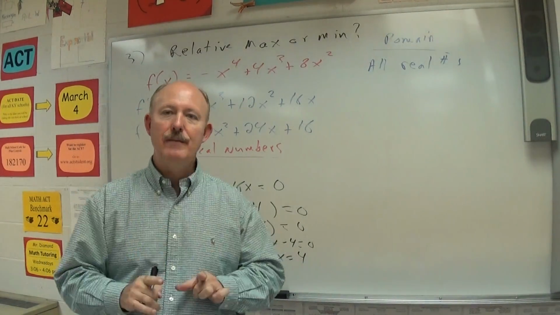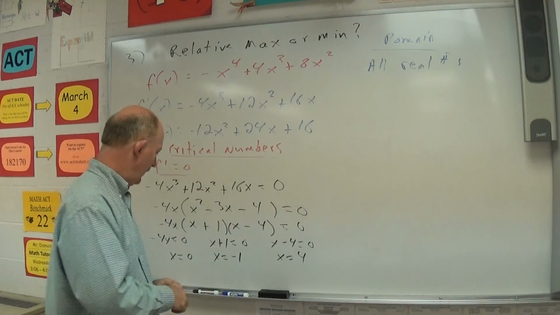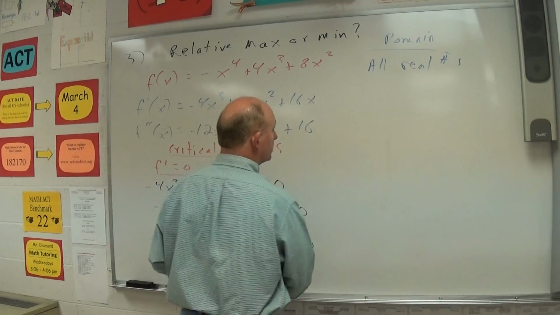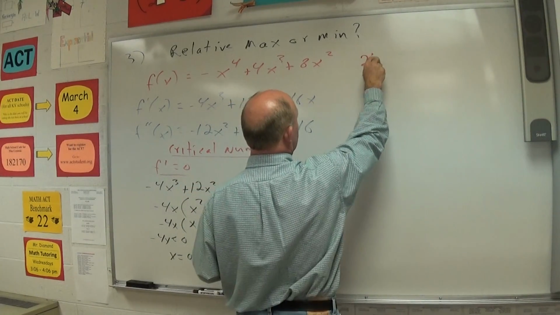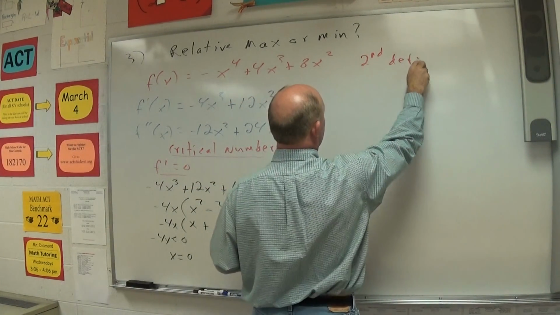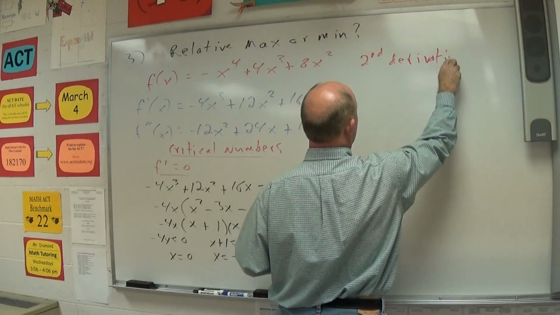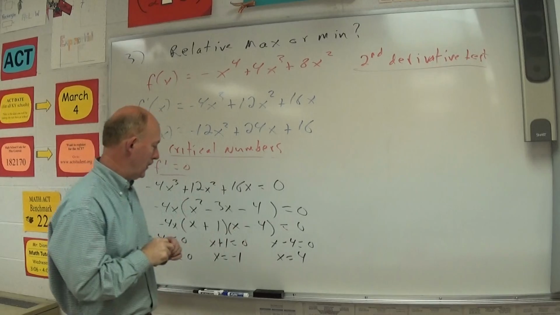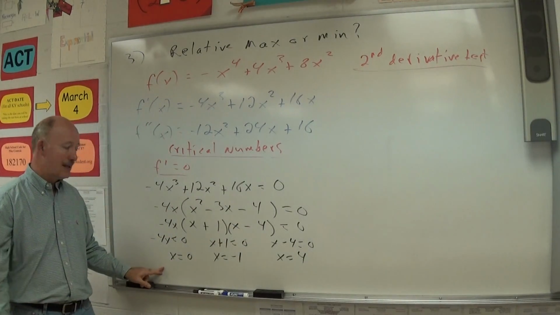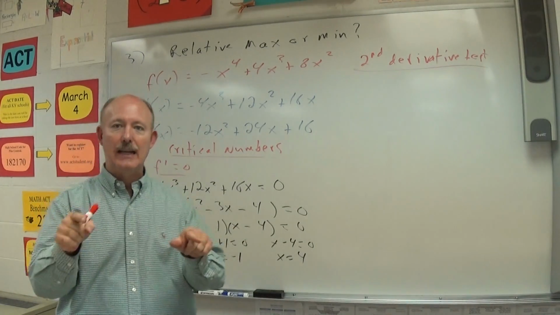The second derivative will tell us that. So for the actual second derivative test, we have to take each one of these numbers and substitute them into the second derivative.